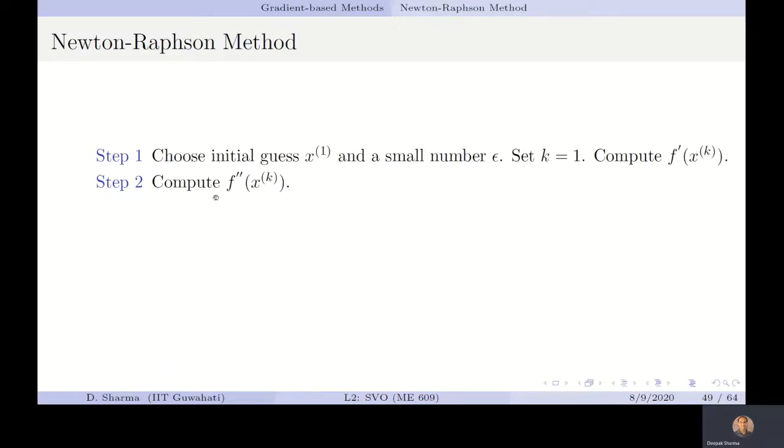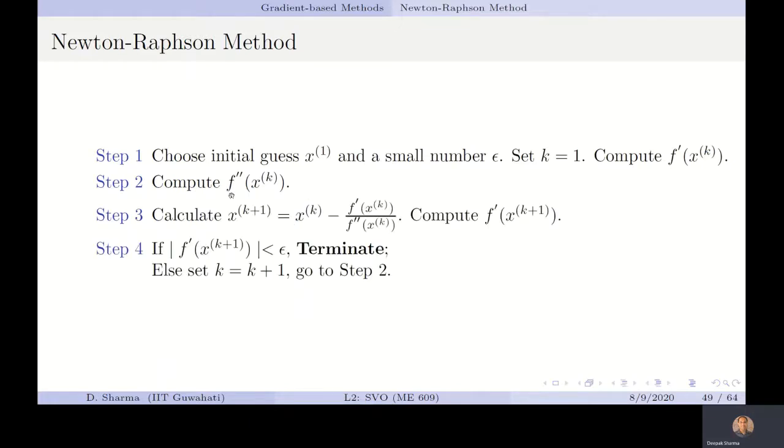In step 2, we calculate the double derivative. Then in step 3, we find a new point, xk plus 1, which depends on xk and the formula we read in the last slide. Once we find this new point, we again compute the derivative at the new point.